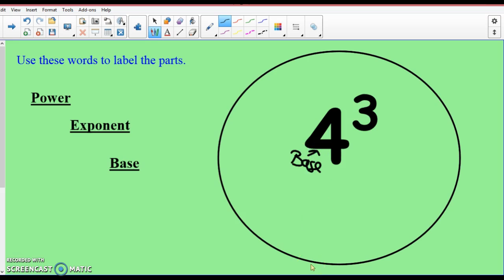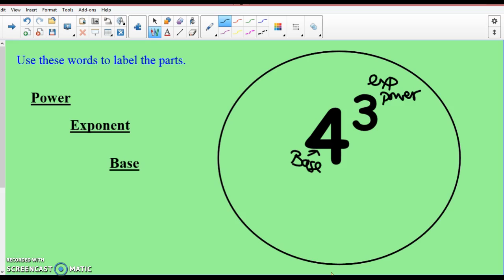What's the 3 called? Exponent or power. Same difference. Now, this you need to write down, and I am telling you that this is a major key point.